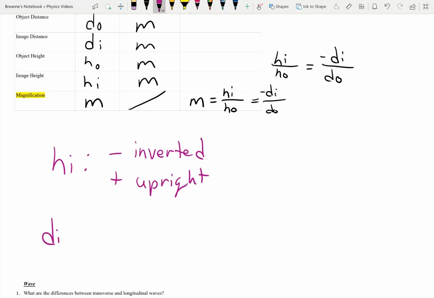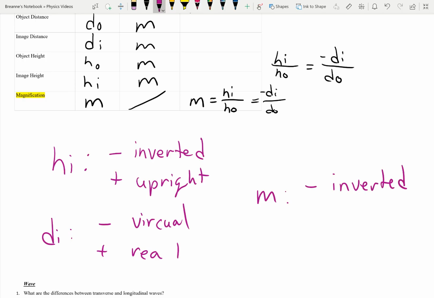If your di is negative, it means it's virtual. Plus, it means it's real. Not red, real. You can do the same thing if your magnification is negative, it means it's inverted. If it's positive, it means it's upright.